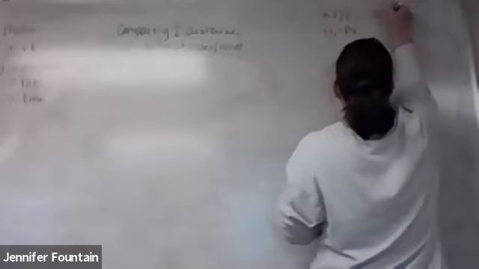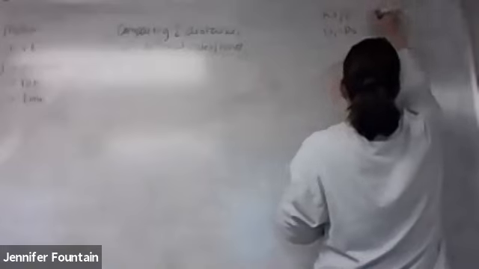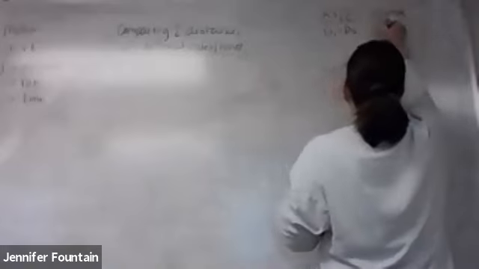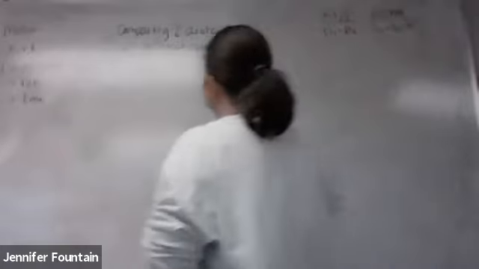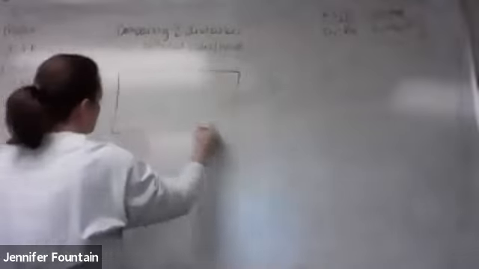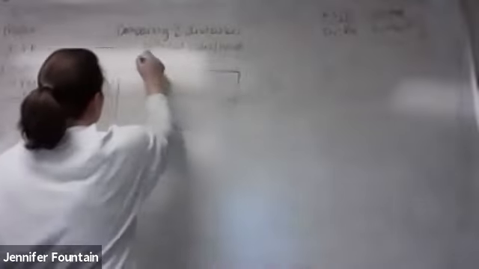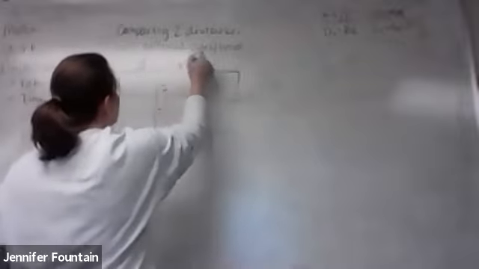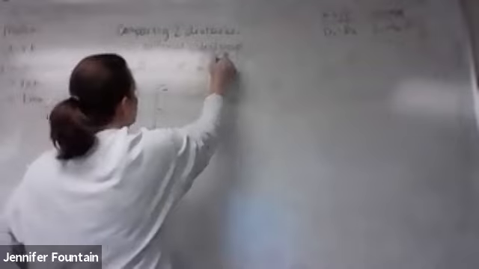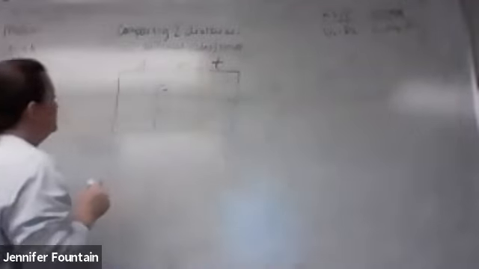Opposite directions or meet in the middle is distance of 1 plus distance of 2 equals n. Okay. Let's set up our chart. D equals R times T.